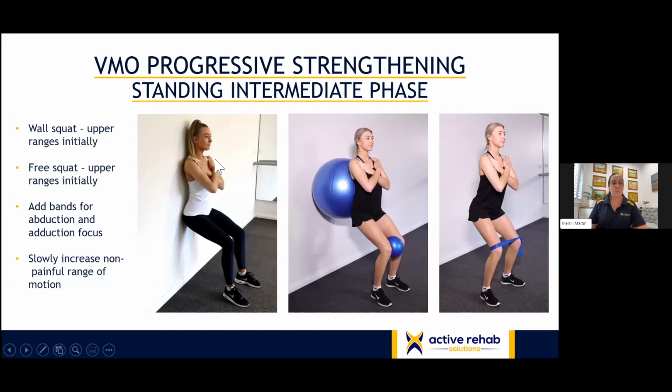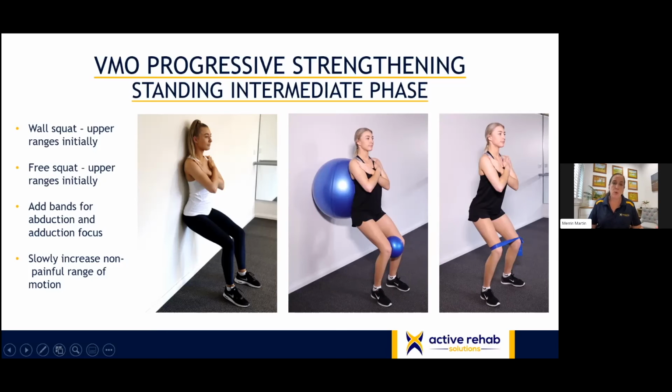You could have just your back against the wall. You could have a ball against the wall. That makes it a little bit more difficult from a balance point of view, but it's easier to move up and down if you have a ball there to roll against. And then, like I said before, to help encourage the inner muscles to work, you could put a medicine ball in between the knees, or a rolled up towel, pillow, whatever you've got handy.